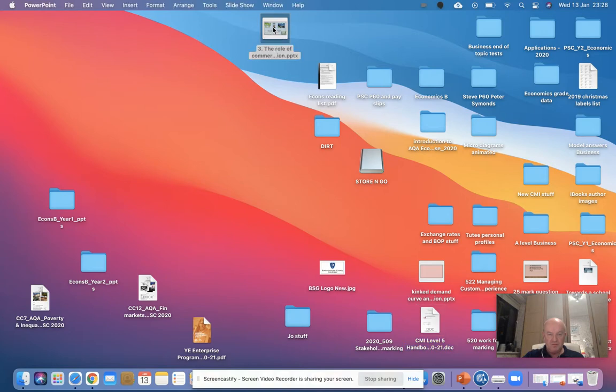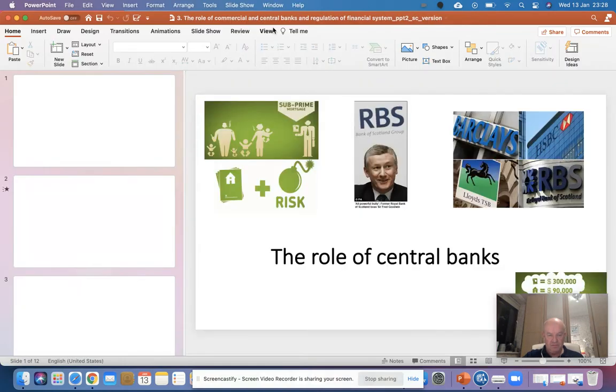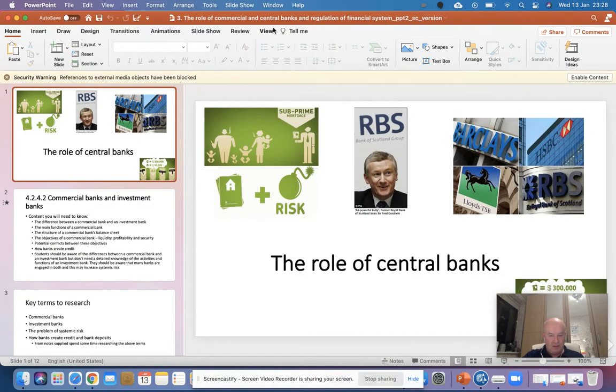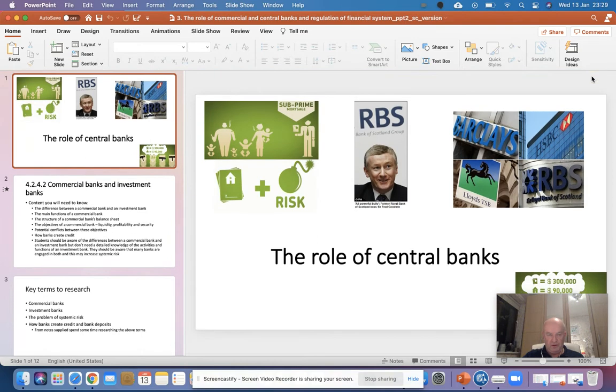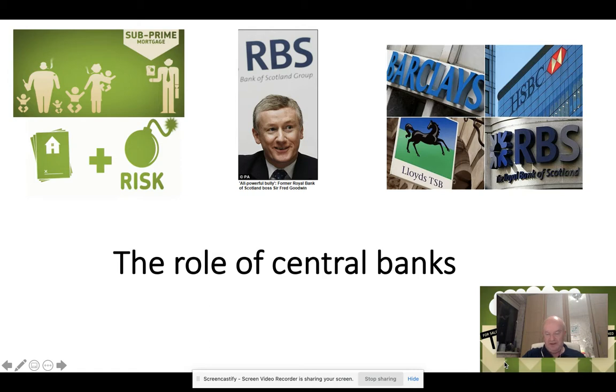I think it might be this one. Yeah, I believe that is the one that we need to be looking at. So let's have a crack at that one then. So apologies for the slight delay there.